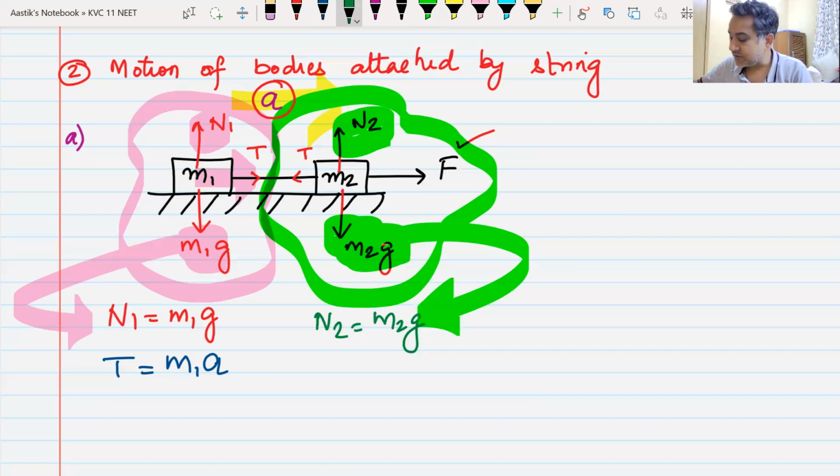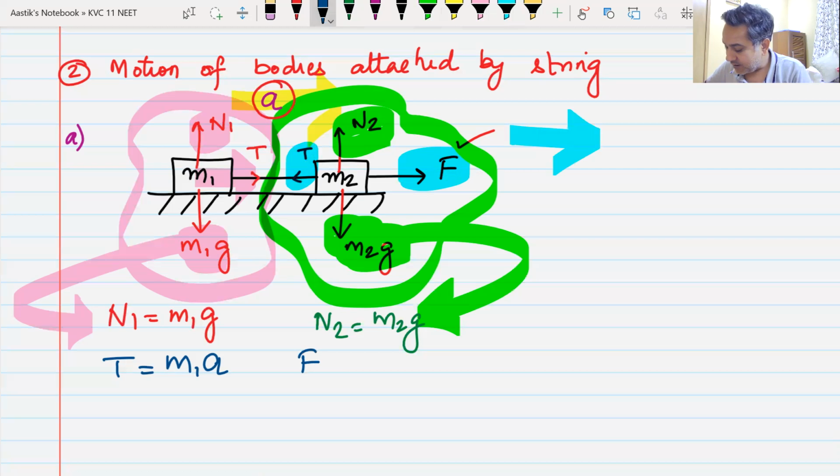So what equation should I write? Forward force is F, backward force is T, and it is moving forward. What equation should I make here? F minus T will be equal to M2A. Do we understand this?